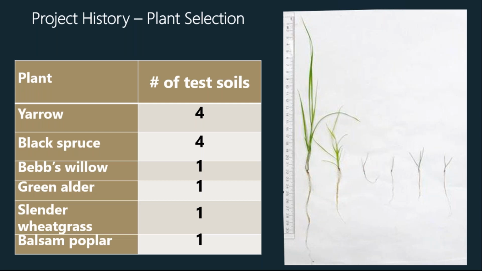A big limiting factor in conducting toxicity testing using site soils is that you really need a large volume of soil. Often at the start of the project you have lots of soil, and then by the end of it, you run out of soil. That's why we have the discrepancy in the number of test soils tested here.